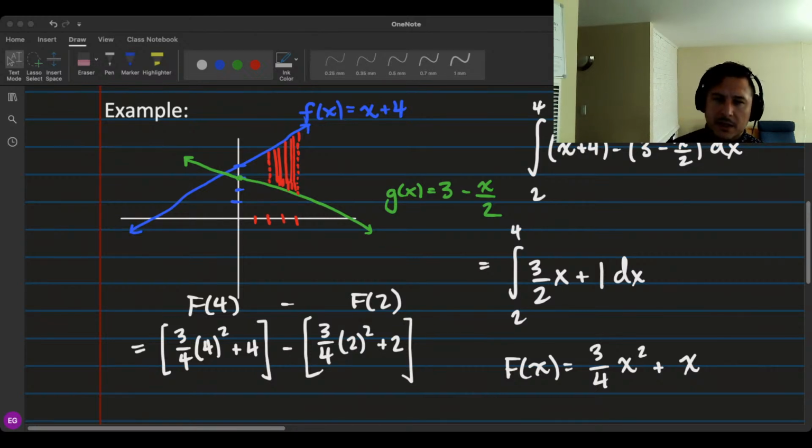Trapezoid? No. What's the definition of a trapezoid? I can't remember. Parallelogram means you have a set of parallel sides. What's a trapezoid? Is this a trapezoid? I feel like a trapezoid has 2 pairs of parallel... Or, shoot. Is the parallelogram the one with 2 pairs of parallel sides? Or is it the trapezoid?